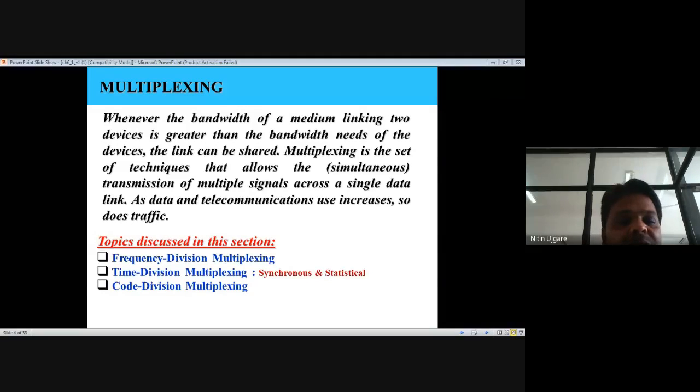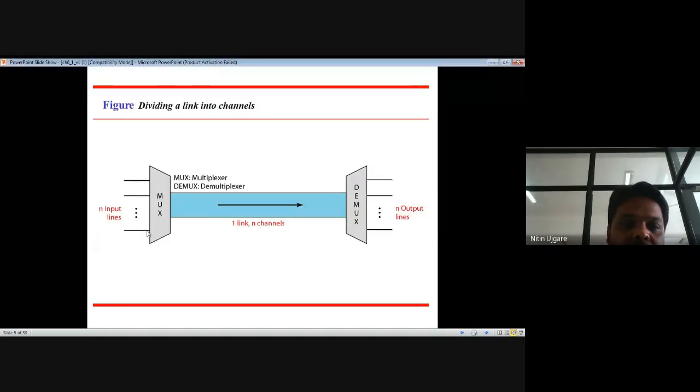Efficiency can be achieved by using the multiplexing technique, which is shown in this figure. Multiplexing is one of the techniques by which we can efficiently utilize the bandwidth of a given link or transmission medium.